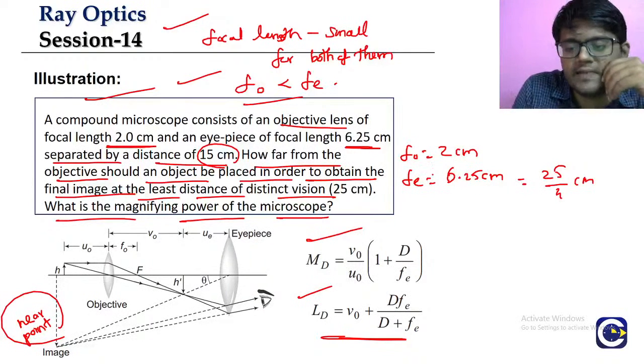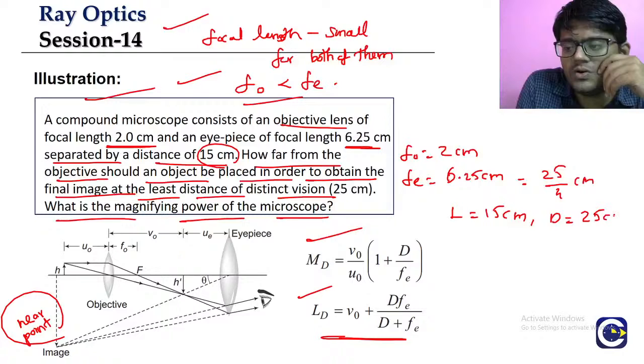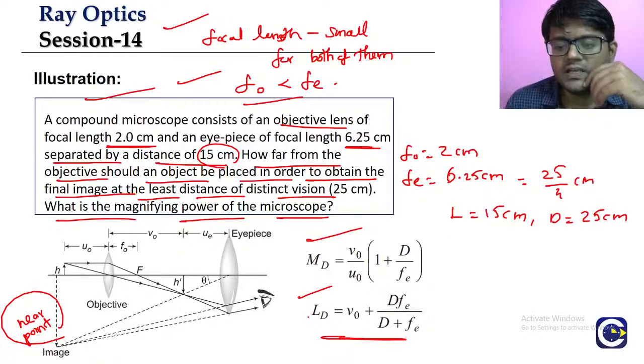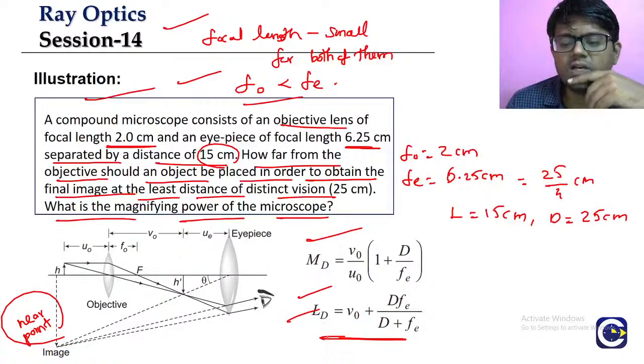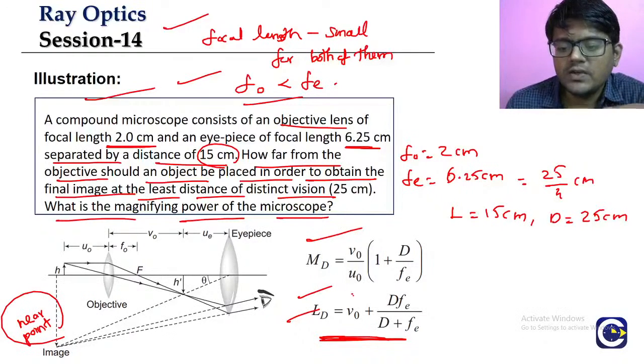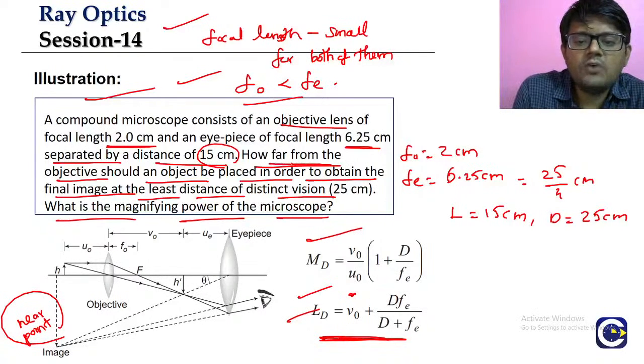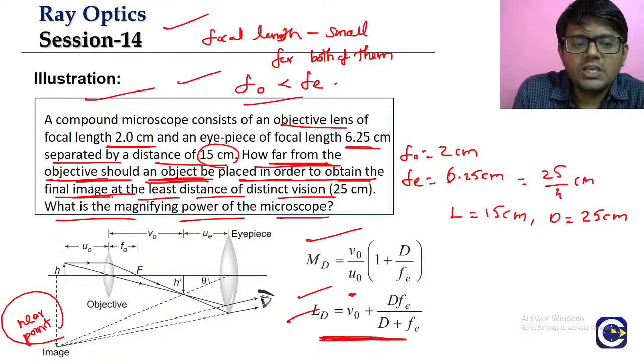Now L is given, 15 centimeter. D we know, 25 centimeter. From this length of the compound microscope formula, we can find VO. See what they're asking us to find: how far from the objective should an object be placed in order to have the final image at the near point.